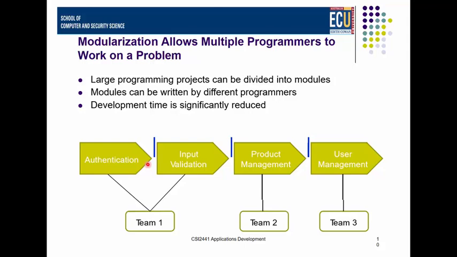Keeping in mind these modules need to be plugged together, they need to be integrated to achieve the overall functionality. They should take care of keeping a standard across all the different modules. These modules need to communicate with each other.